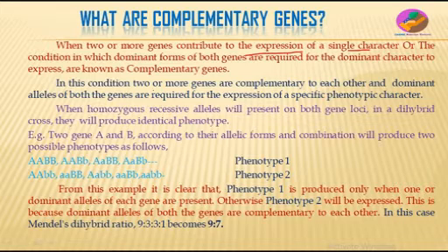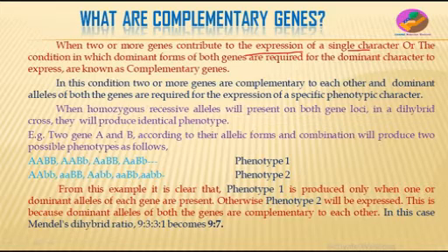So in this condition, two or more genes are complementary to each other, and dominant alleles of both genes are required for the expression of a specific phenotypic character. When homozygous recessive alleles are present, they will give another phenotype. This will be more clear by this example.